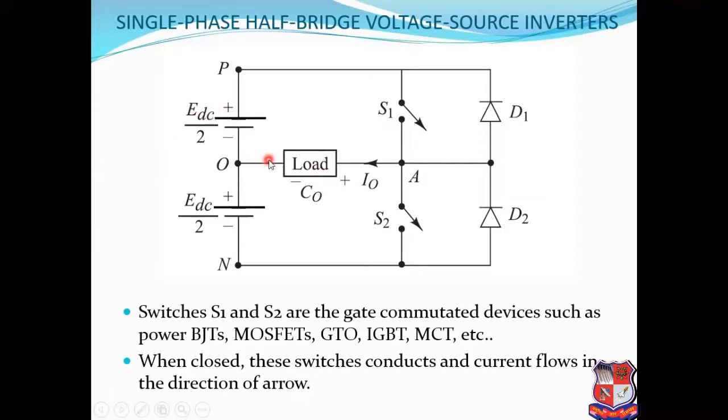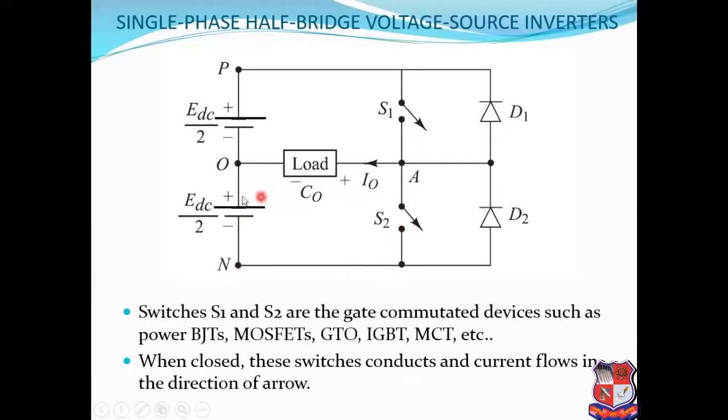At the T/2 period, we turn off switch S1 and turn on switch S2. When switch S2 is on, the direction of the current is from positive VDC, entering from the negative terminal of the load. It leaves from the positive terminal, then through S2 to end here.